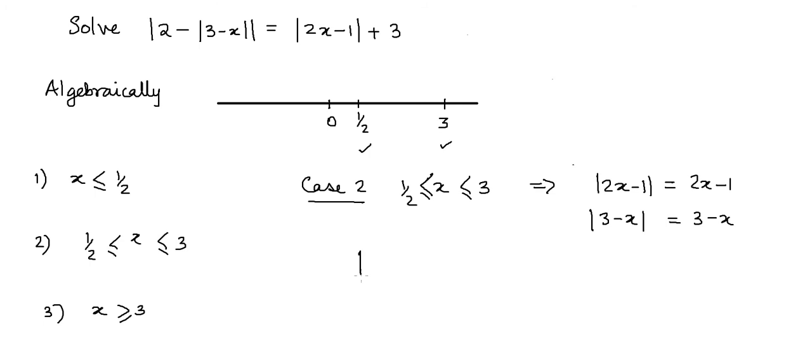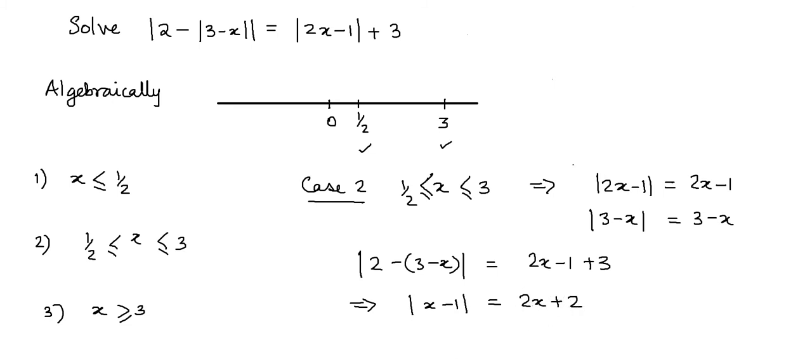So our equation becomes absolute value of 2 minus 3 minus x equal to 2x minus 1 plus 3, which becomes the absolute value of x minus 1 equal to 2x plus 2.